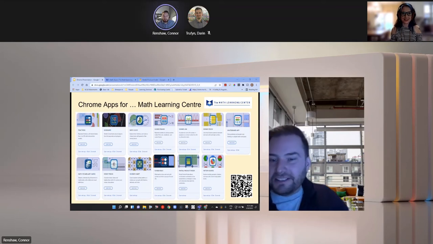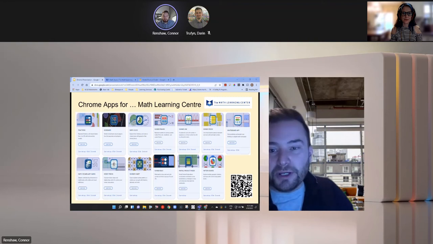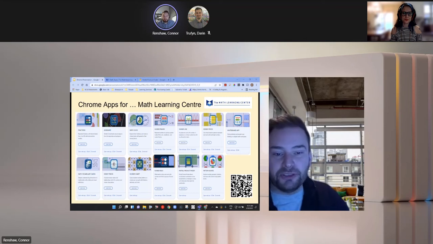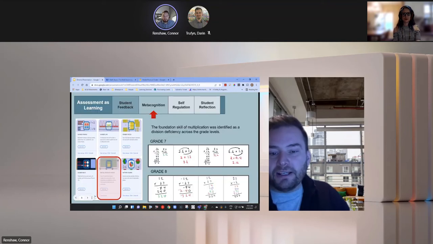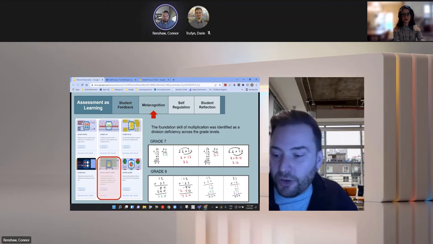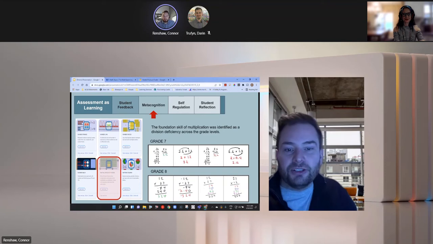Sure. Yeah, it's exciting. So we're going to look at one of the tools in particular from the Math Learning Center. These are Chrome apps or online apps that you can use with your students. And the one that I'm going to focus on today is actually the Partial Product Finder. Now, the reason why I'm focusing on this one is, as you probably know, in junior high, we've been starting to explore some calculator-free assessments and looking at calculator-free strategies.